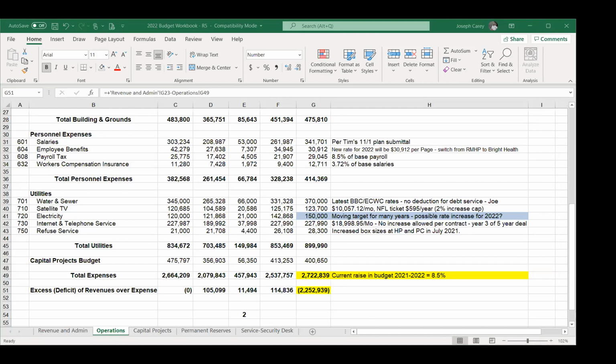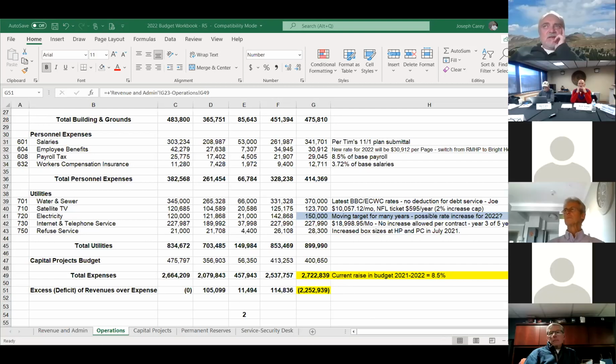So Joe, that would mean that the assessments for 2022 will not be basically any increase over what they were for 2021. Yeah, you're right. So we have a little bit of headroom for worrying about things in the future, AKA plumbing.